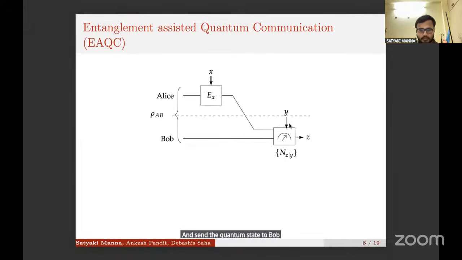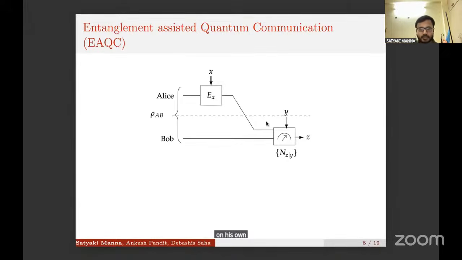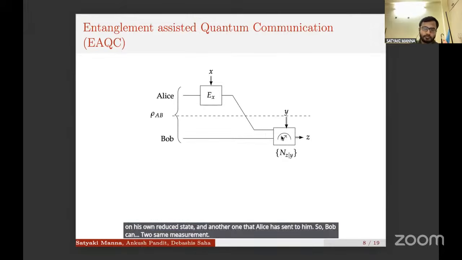And depending on the Y and the quantum state Alice has sent, Bob will do any measurement. But this time there are two states on Bob's side, one is his own reduced state and another one that Alice has sent to him. So Bob can choose a measurement to operate on both of these states and produce an output J.